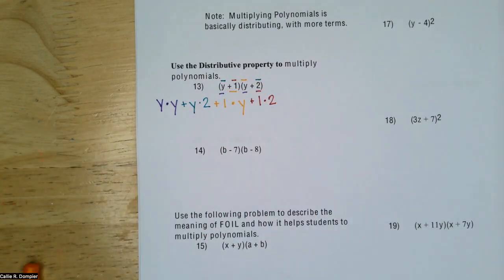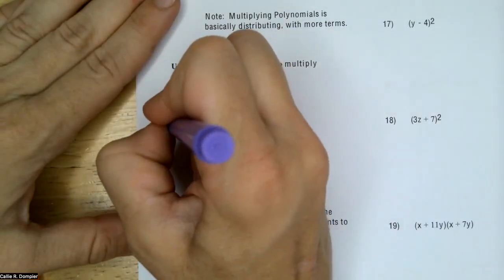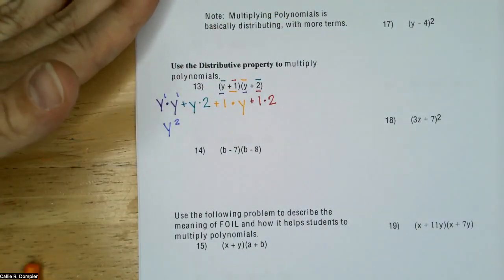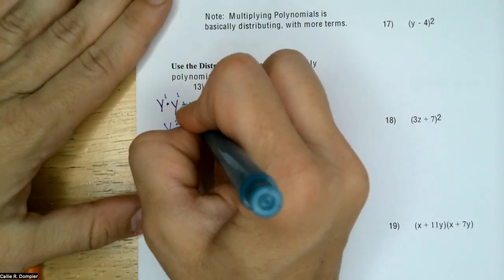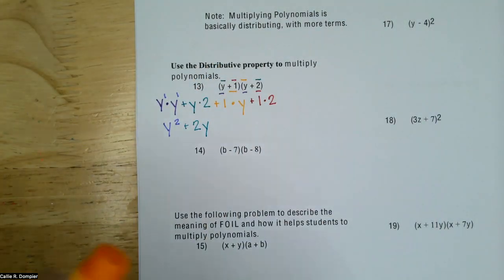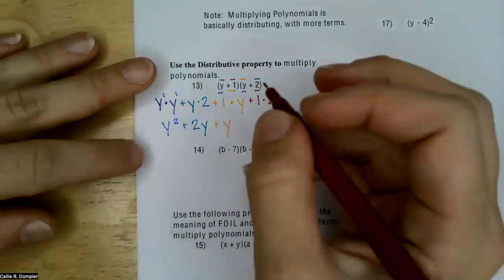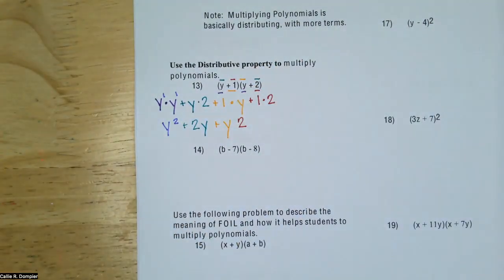Now we simplify. Y times y was y squared, because 1 plus 1 becomes 2. Y times 2 is just 2y. Y times 1 is just y. And then 1 times 2 is just 2. And you can see that we do in fact have like terms now.